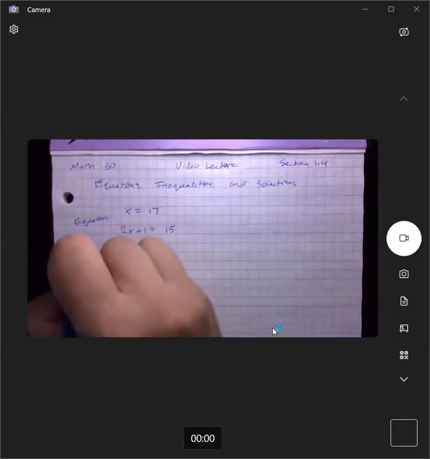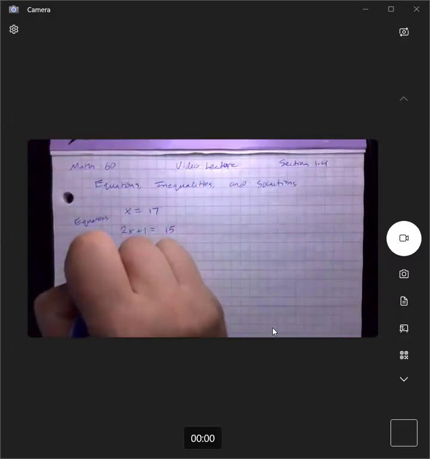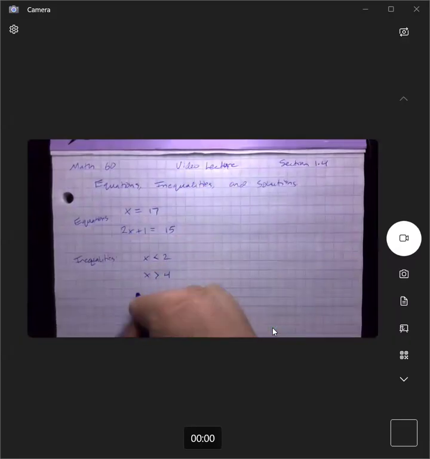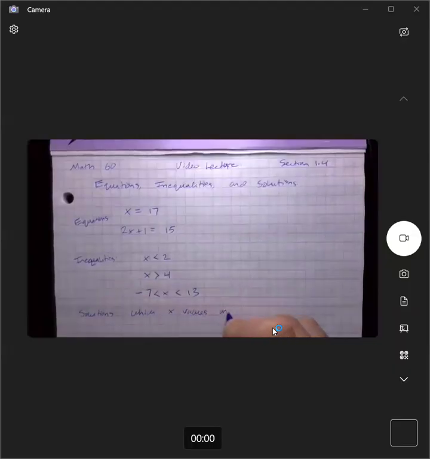Inequalities, we've seen some of those, are things like x is less than 2, or x is greater than 4, or maybe minus 7 is less than x, which is less than 13. And solutions are which x values make the expression true.